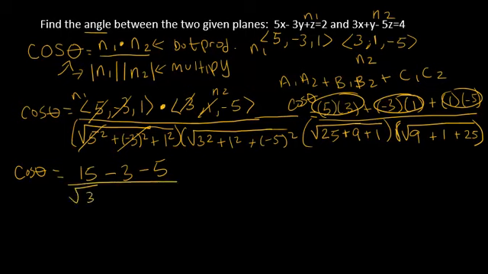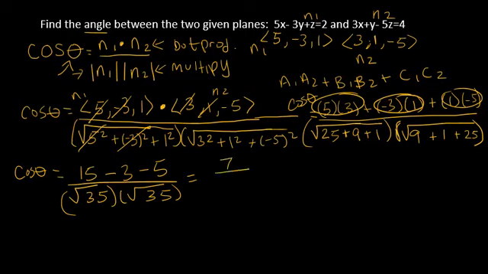And then I have square root of 35 times square root of 35. Great. So 15 minus 3 minus 5 is 7.